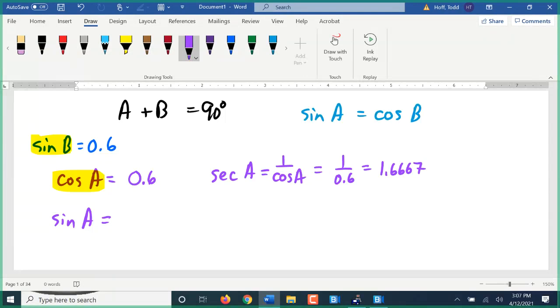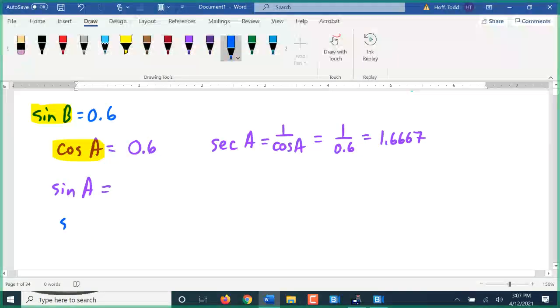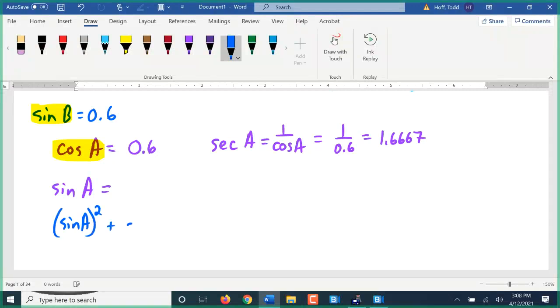What about the sine of angle A? Well, I know sine of angle A squared plus cosine of angle A squared has to add up to 1 squared, or just 1, in other words.